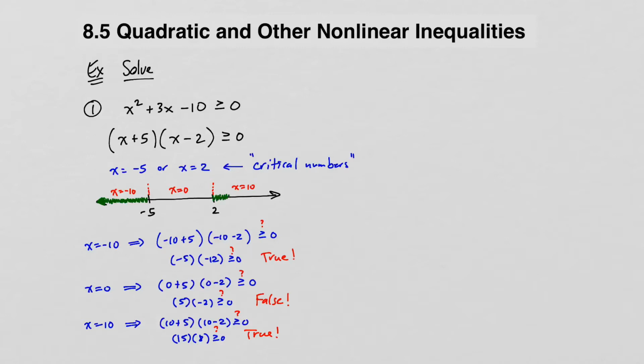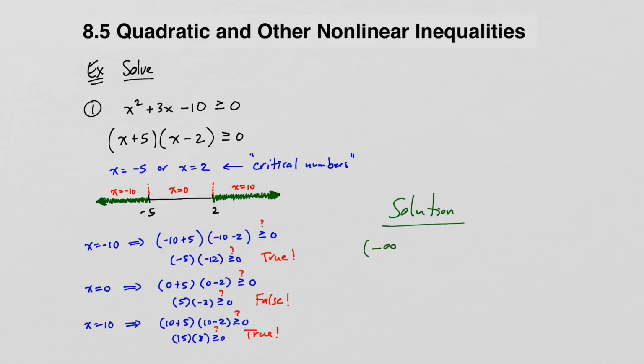And since that represented all numbers in this interval, we are going to shade in the whole interval. So now we're going to put down our final solution here. And your final solution should be written in interval notation. And so we need to represent all the numbers less than or equal to negative 5, plus all the numbers greater than or equal to positive 2.